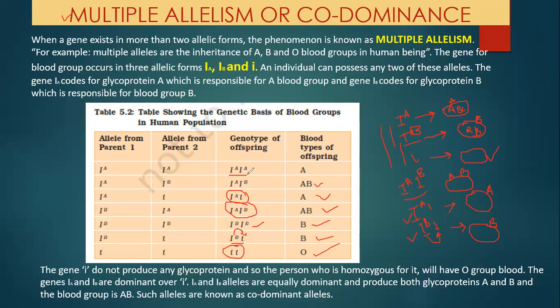In the rest of them, the law of dominance is applicable, but in the case of IA and IB, both alleles are equally dominant, and therefore both traits are expressed. This phenomenon is called codominance, which is different from the concept of dominance. I hope you are understanding.